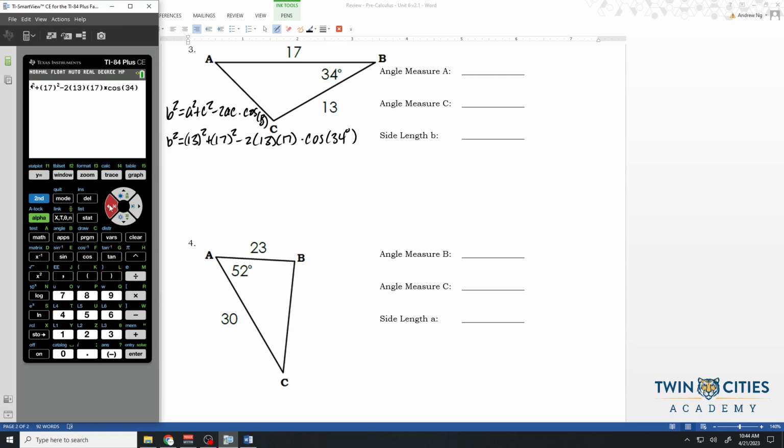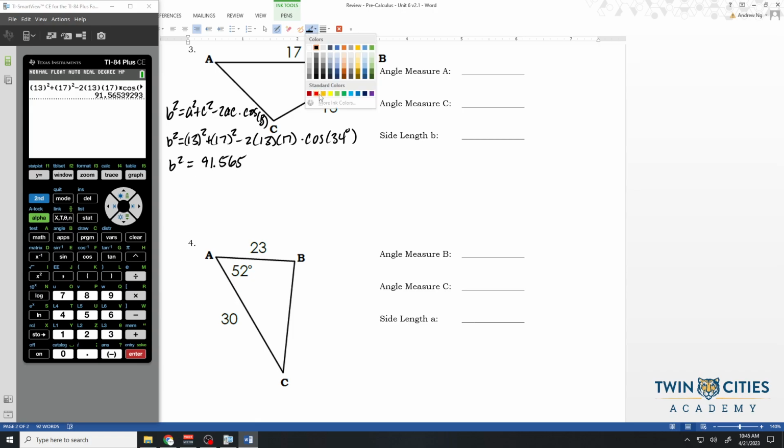Make sure I've got that all entered correctly. Looks like we do. So I'm going to hit enter. That's 91.565. So I'll say b squared is equal to 91.565.